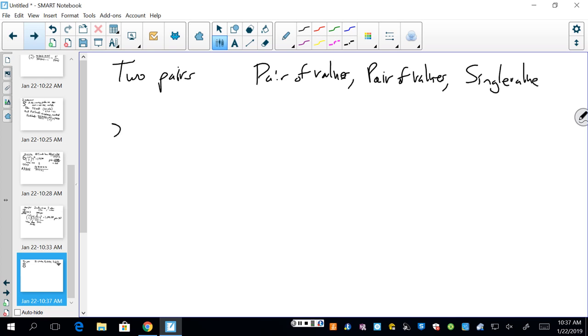So we can have 2 2s, 2 kings, and then a 7. And so this would be exactly 2 pairs and not 2 and 3 or something like that. How many ways can we go about counting the number of 2 pairs?